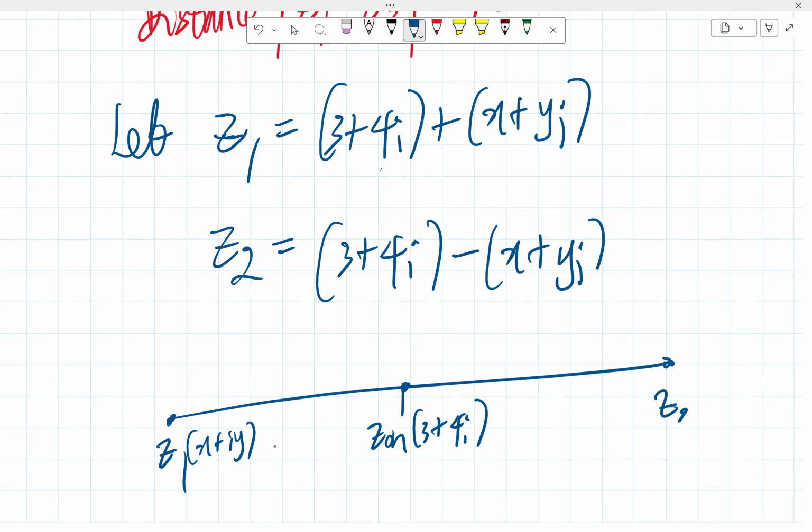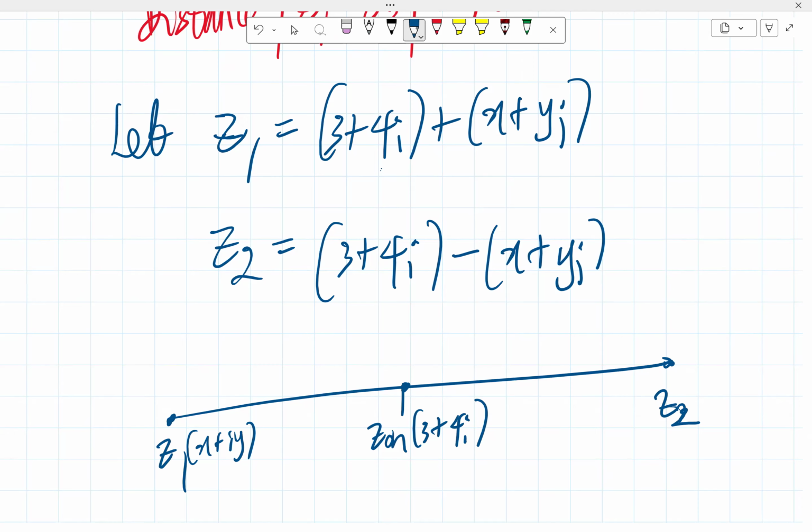So Z1 is 3 plus 4i plus x plus yi, whereas Z2 now is 3 plus 4i minus x plus yi.